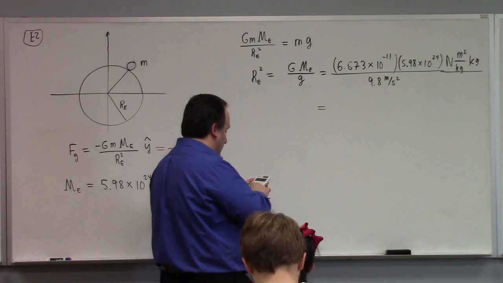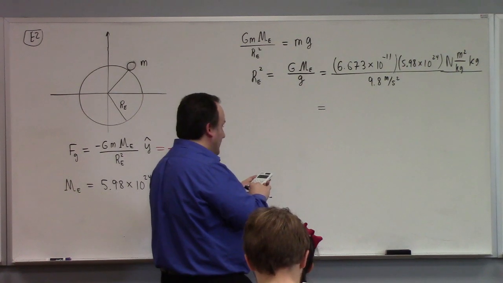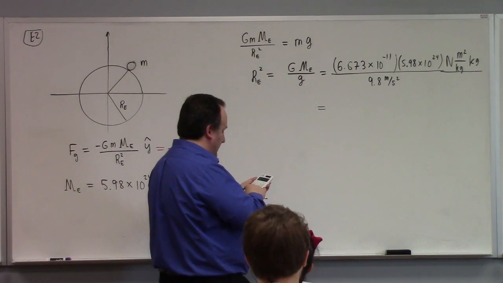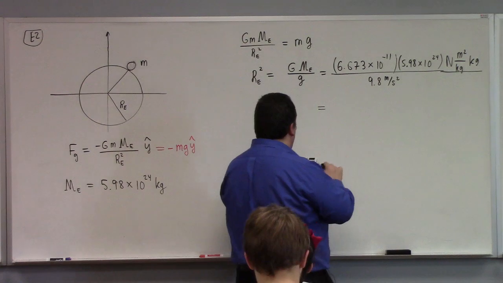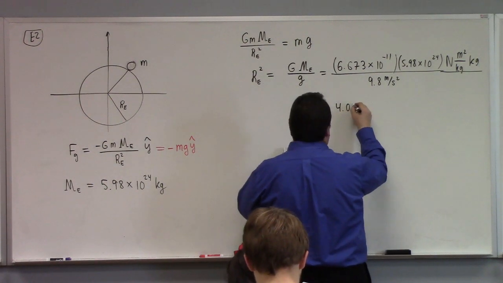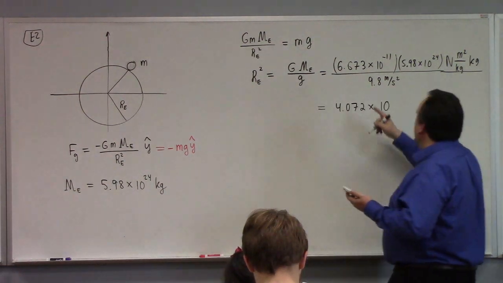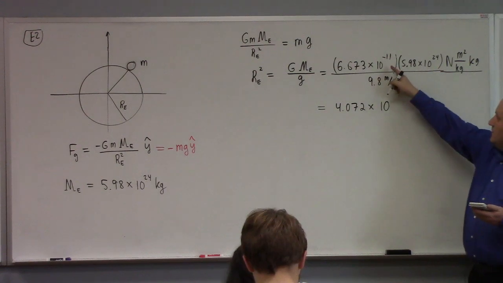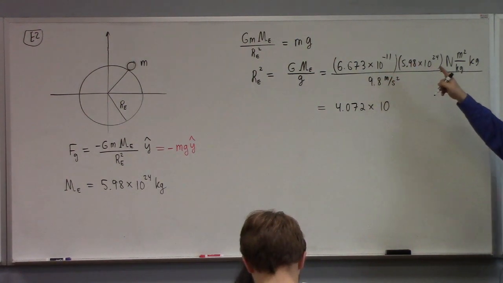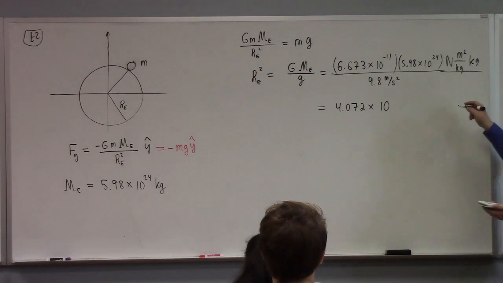That's probably a better way. So 6.673 times 5.98 divided by 9.8 gives me 4.072, let's say, times 10 to the what? You got 24 minus 11, also known as 13, is that right?